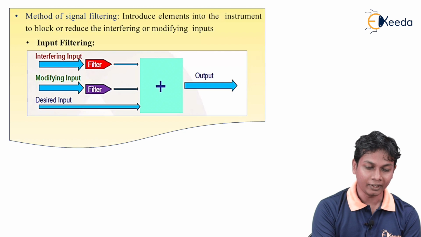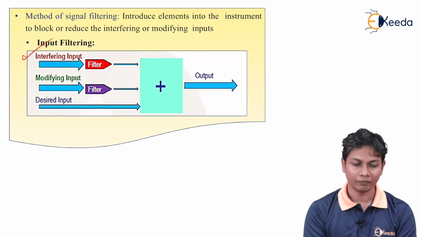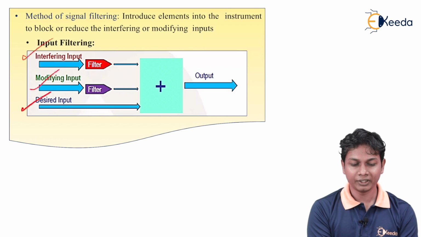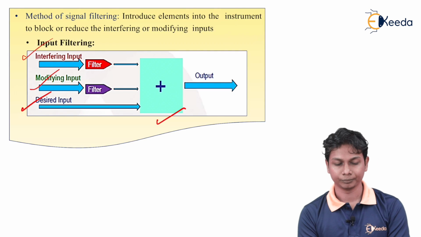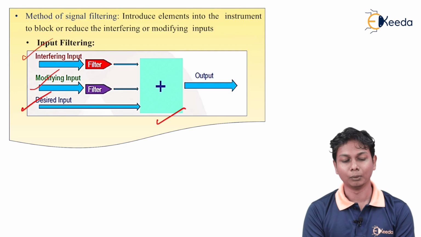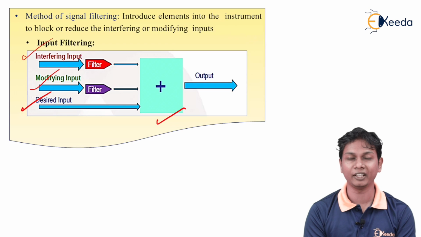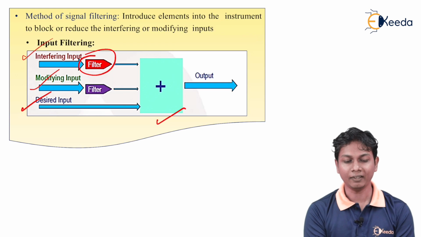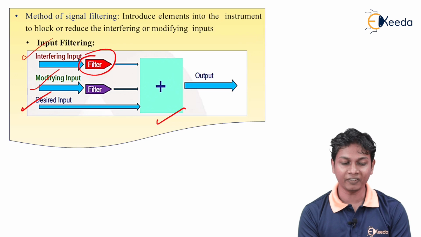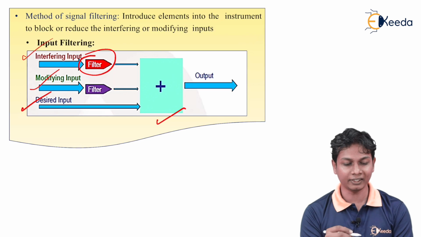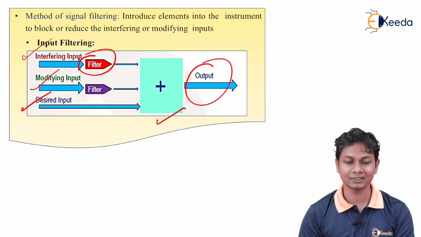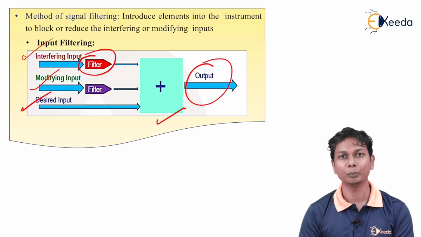So the interfering input, the modifying input and the desired input: the desired input comes directly to the system, but the modifying input and the interfering input require filters, and with the addition of interfering, modifying and desired, we will get our desired output, and that is the signal filtering method.